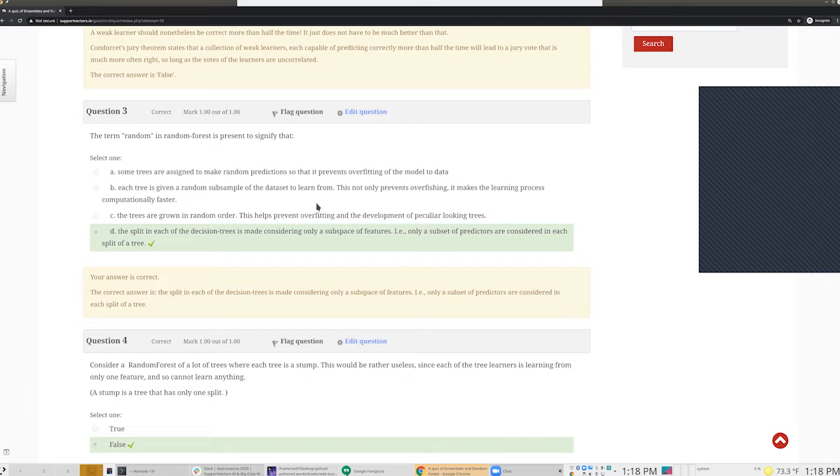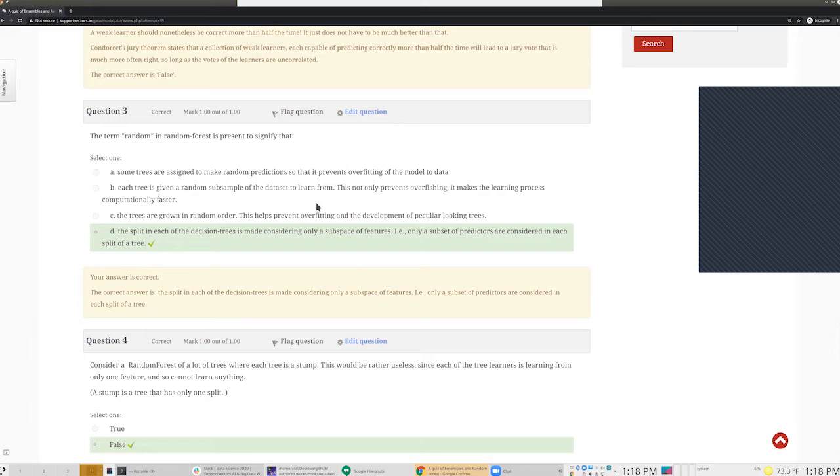By the way, this is a good point for me to correct a mistake I think I made. When I was talking about random forest, I said that each tree not only gets a bootstrap sample of the data, it also gets a random subsample of the predictors. That is not true for the standard random forest. It's true for something else, but not here.